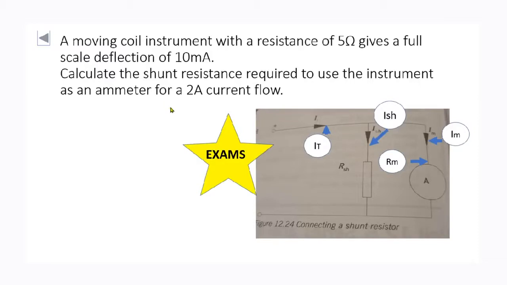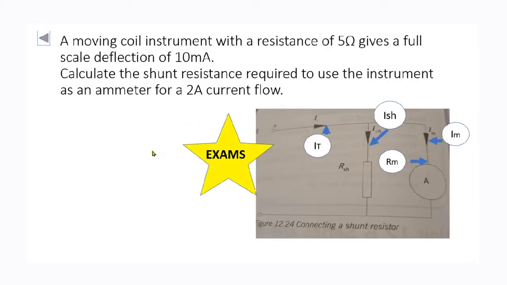A moving coil instrument with a resistance of 5 ohms gives a full scale deflection of 10 milliamperes. Calculate the shunt resistance required to use the instrument as an ammeter for a 2 amp current flow. So this is a question that you're probably going to come across in your exams.